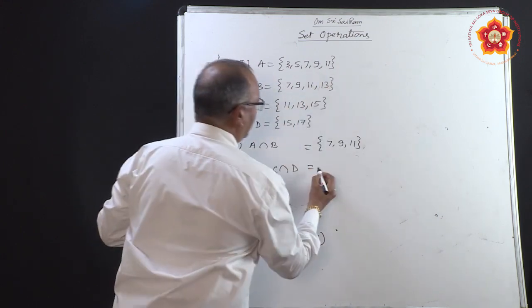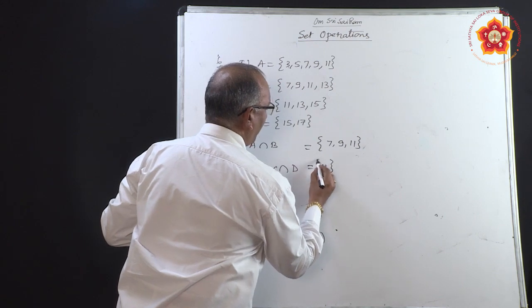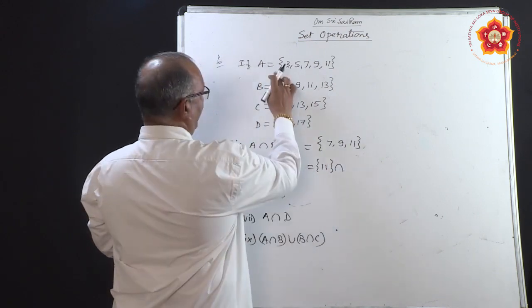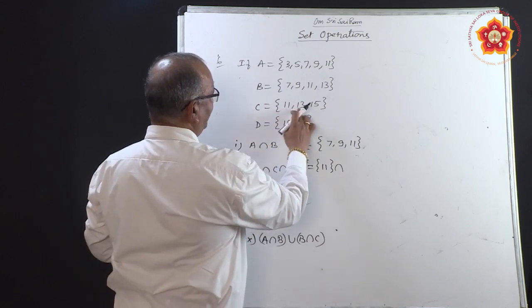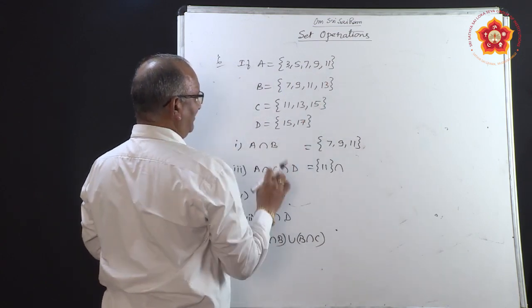Only 11. A has 3, 5, 7, 9, 11. C has 11, 13, 15. The common element is only 11.